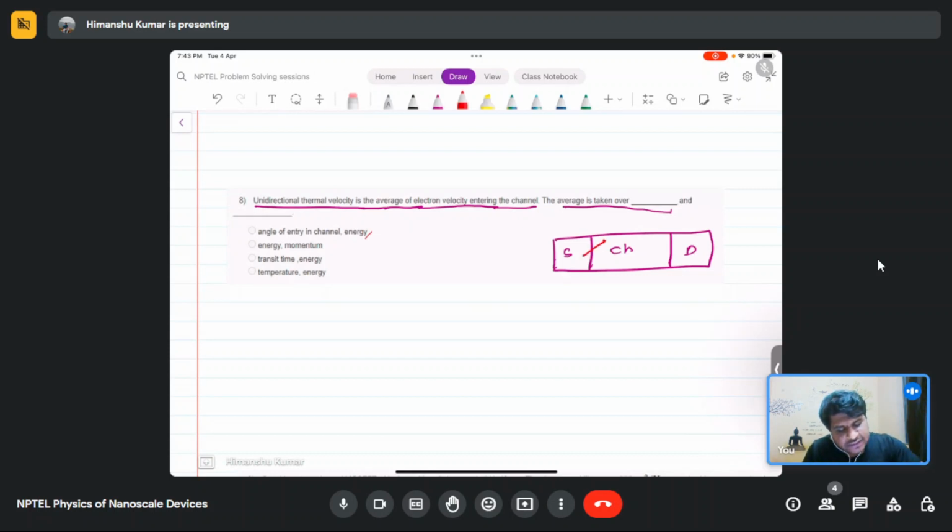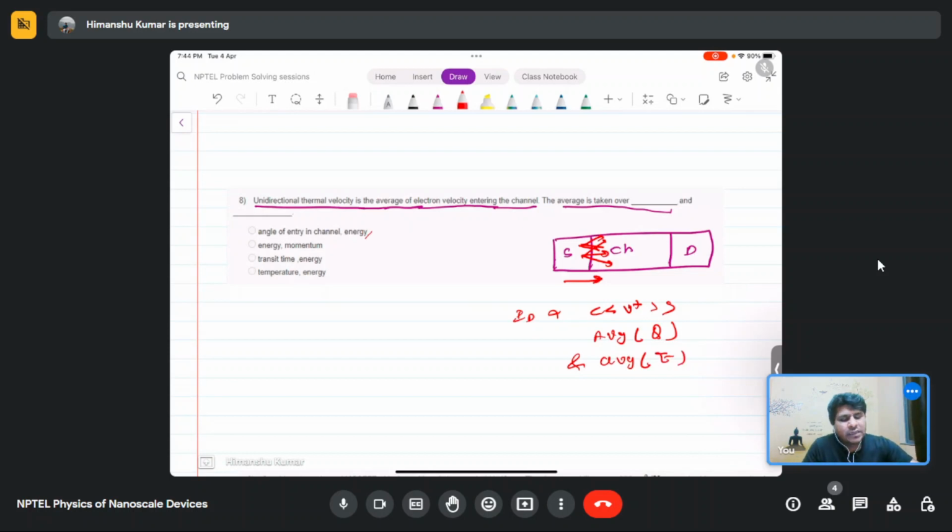Some will enter in this direction, some in this direction, and some with different energy. That depends on the number of pathways available. So our current is directly related to the unidirectional average velocity from a positive direction. This unidirectional average velocity is given by the average over all the angles and the average over all the energies.